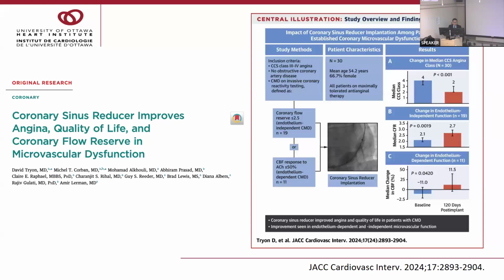A recent paper published last year in JACC Intervention showed that the coronary sinus reducer improves angina, quality of life, and coronary flow reserve in patients with microvascular dysfunction. This is a small study including only 30 patients, but the coronary sinus reducer could be a potential treatment option for CMD.